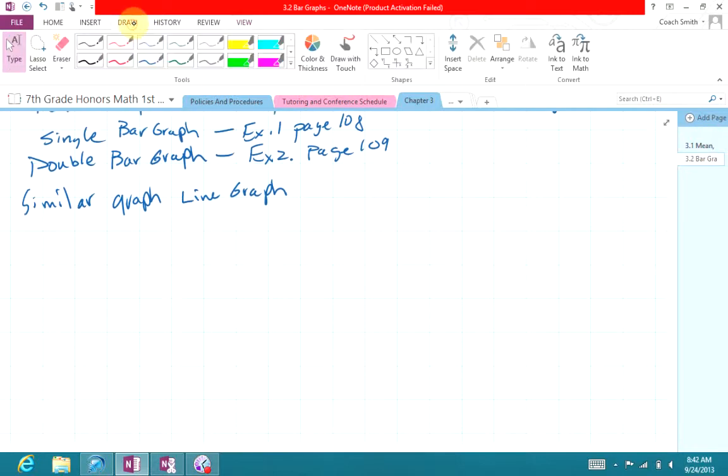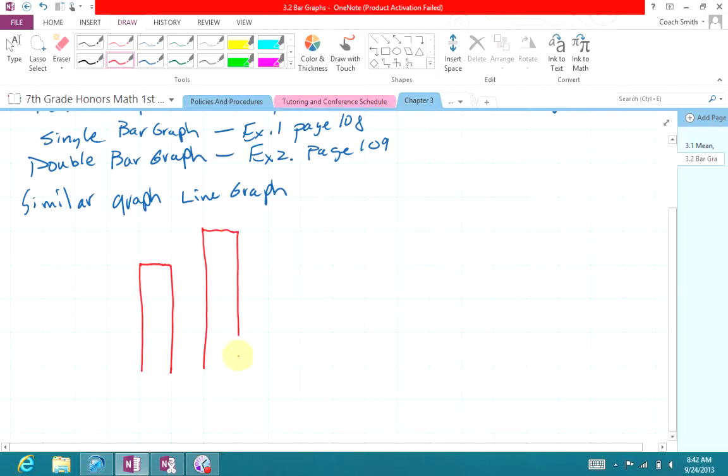Now, basically what a bar graph does is it will have bars like this. Okay. This would be a sample of a bar graph.